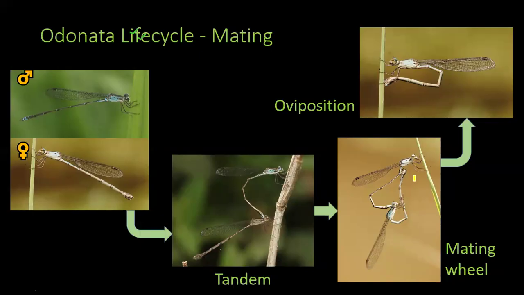This is something odonates have developed, certain behaviors to increase the reproductive fitness of the male. It's different from many other insects and very unique to odonates: the mechanical removal of sperm and replacing it with their own sperm.